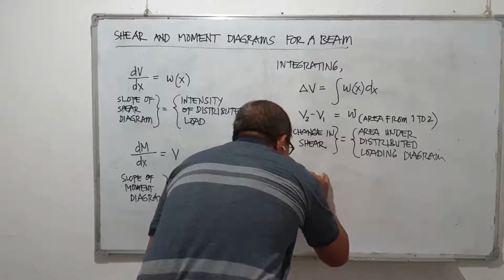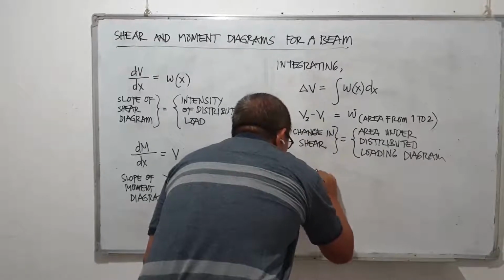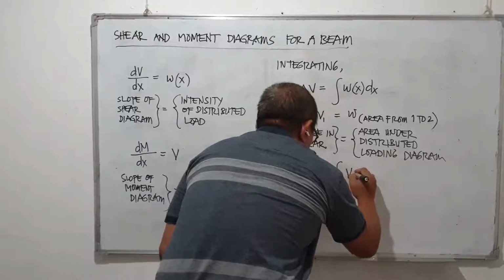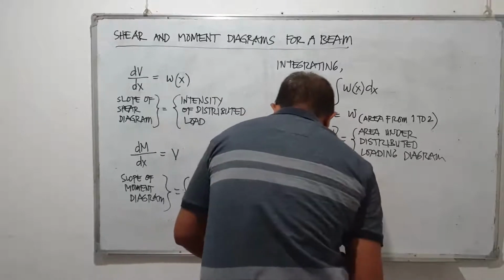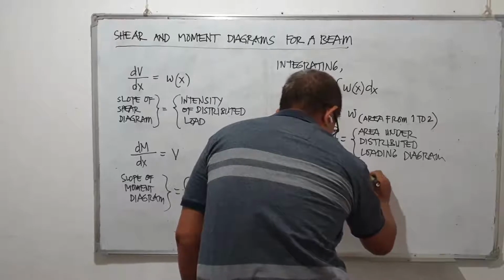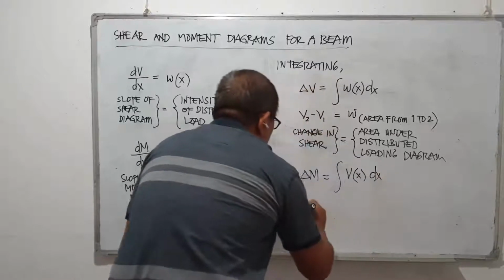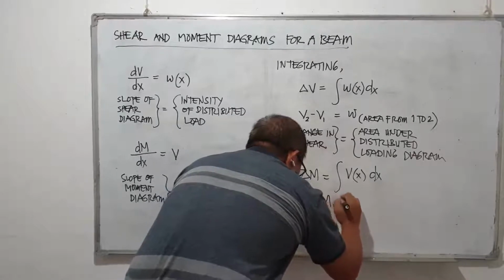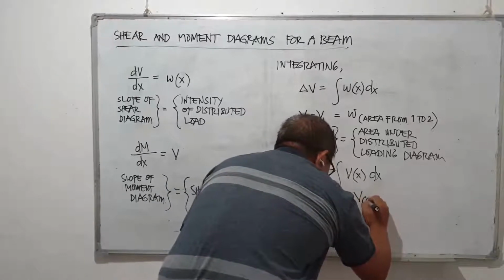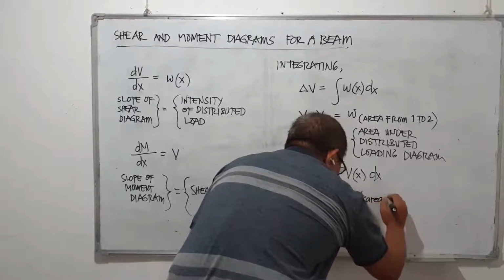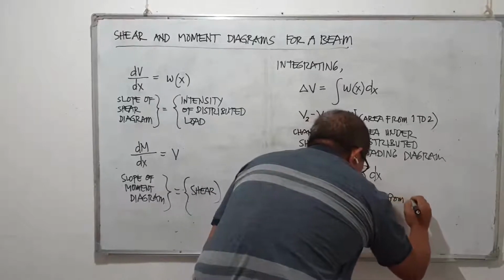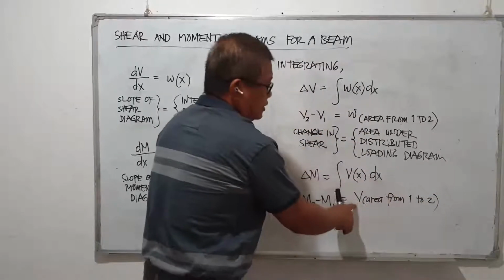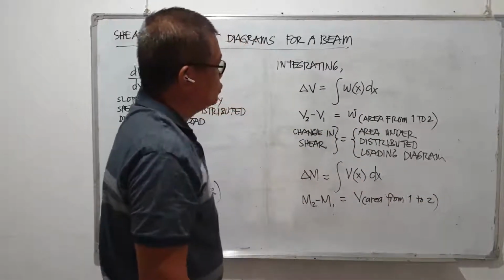And we have also delta moment equal to the integral of V of x dx, which means that M2 minus M1 is equal to the area of the shear diagram from point 1 to point 2.